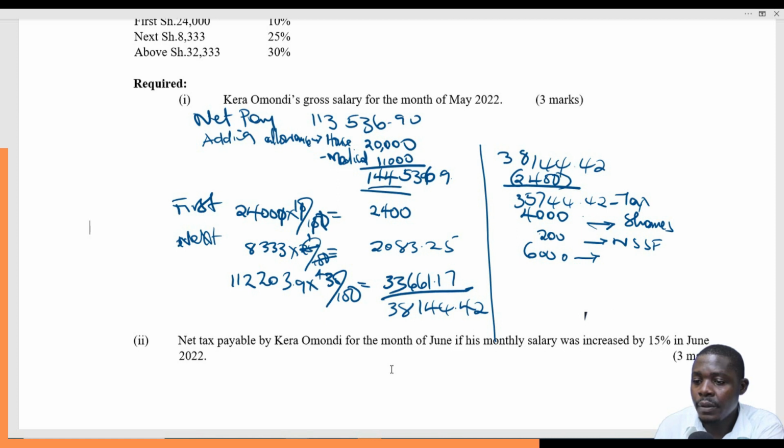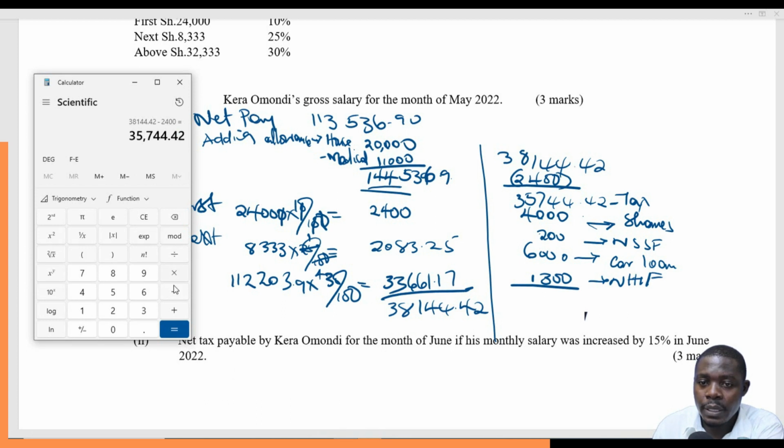And then we have 1,300, that is NHIF. We find the total. We add 4,000, those are the shares. You also add 2,200.